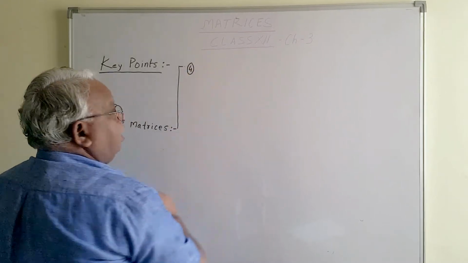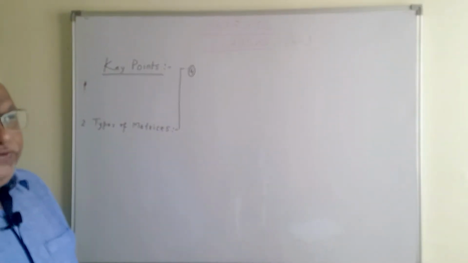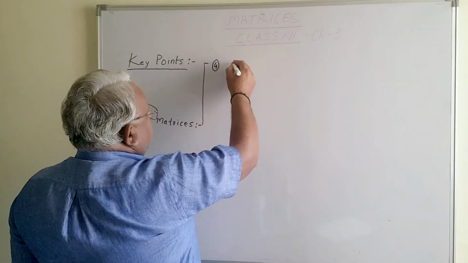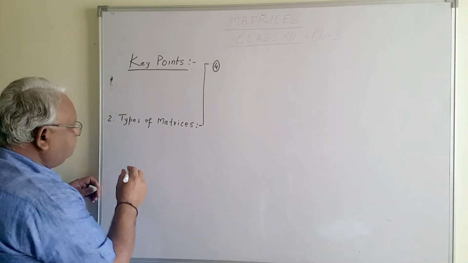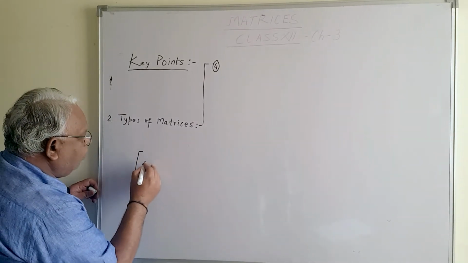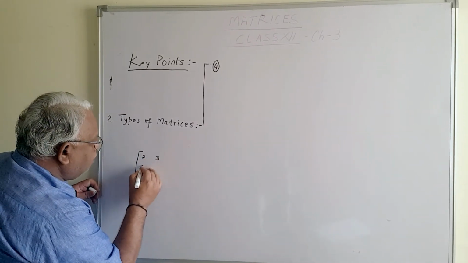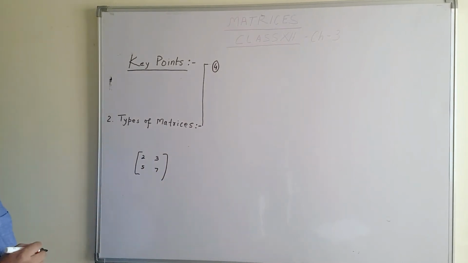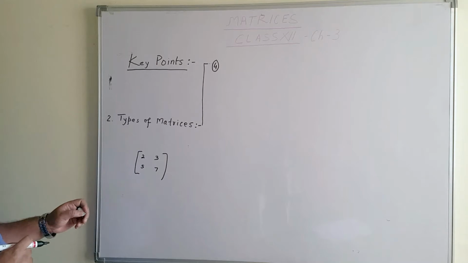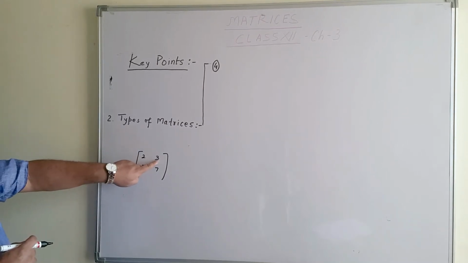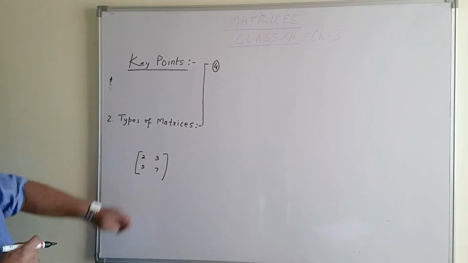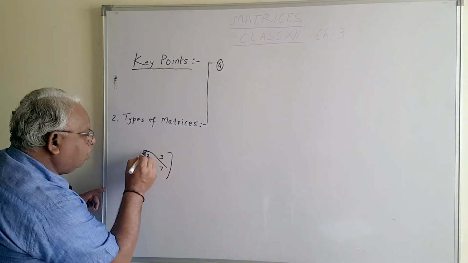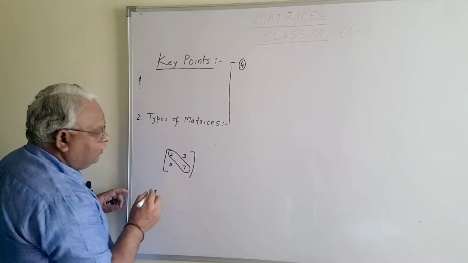This is again a very important matrix. When I wrote this example, 2, 3, 5, 7, you know the meaning of all the elements. This is 1,1, this is 1,2, this is 2,1, this is 2,2. But you need to understand the importance of this.